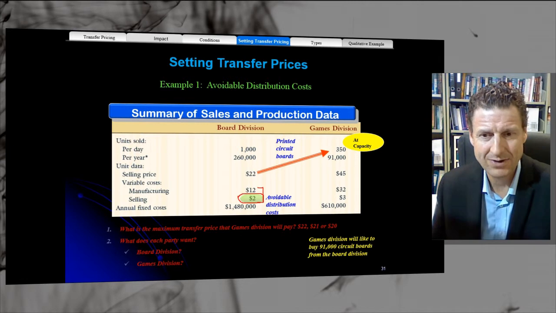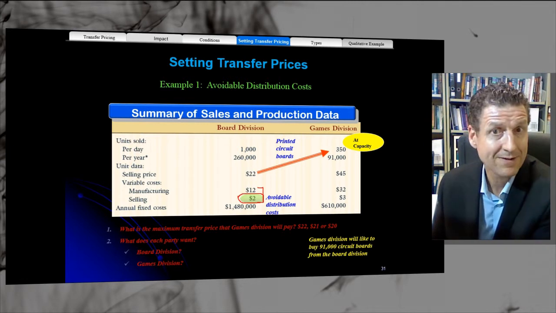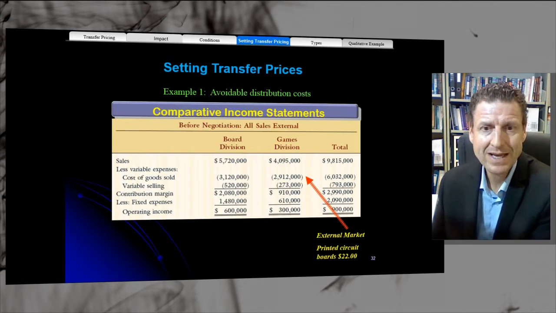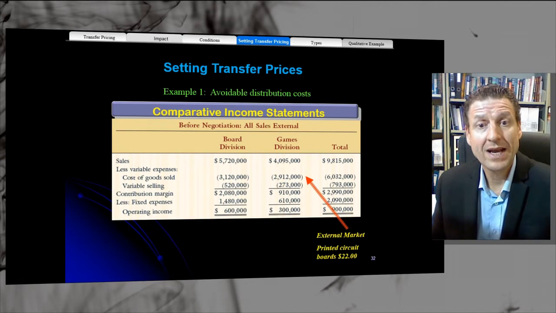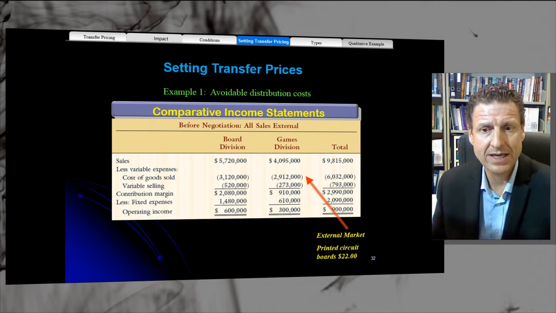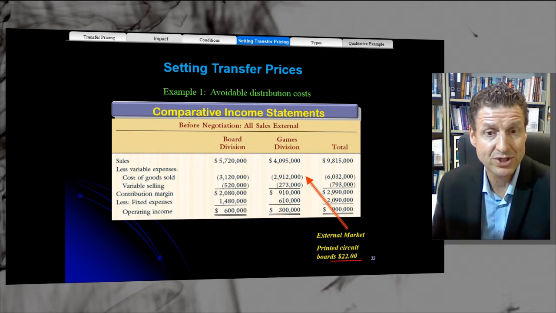All right, so let's have a look at some of the options that we have here. So one comparison is the external market printed circuit boards at $22. So board division is selling to games division for $22, and there we have the operating income of board division, games division, and the total $900,000. So the actual cost of goods sold is $3,120.